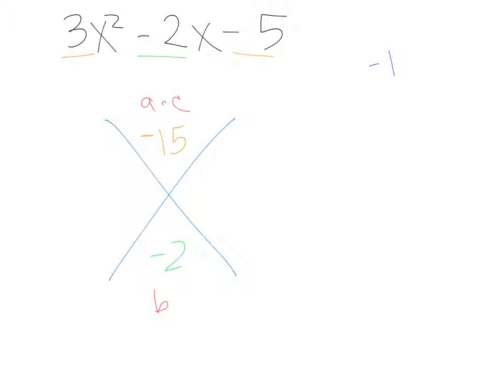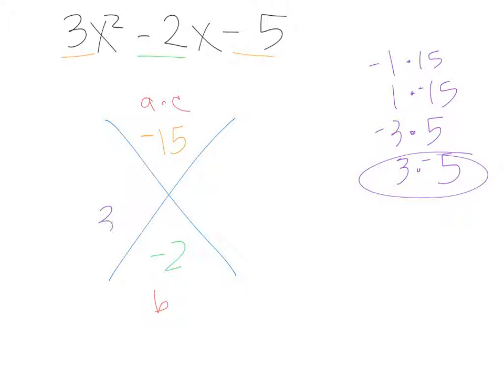So negative 1 and 15, 1 and negative 15, negative 3 and 5, and 3 and negative 5. So which ones would multiply to equal negative 15 but add to equal negative 2? 3 and negative 5. So those are our two terms.